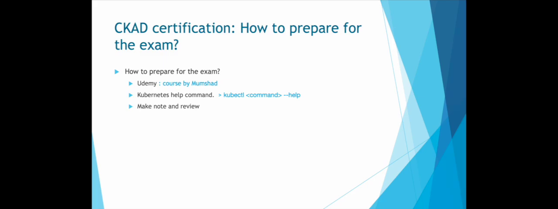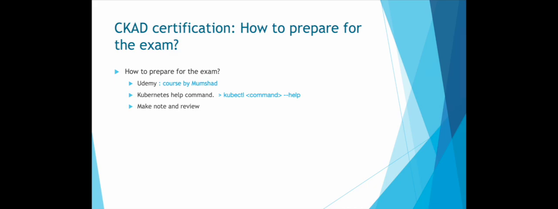And the second resource I use is the Kubernetes help command and also the official documentation. You can get the shortcuts and learn about those deployment commands using kubectl dash help. For example, if you want to know how to run a pod or how to autoscale, you can simply do kubectl create deploy dash help, right?